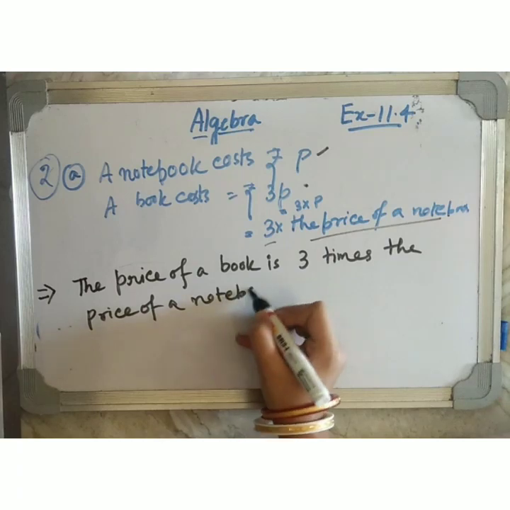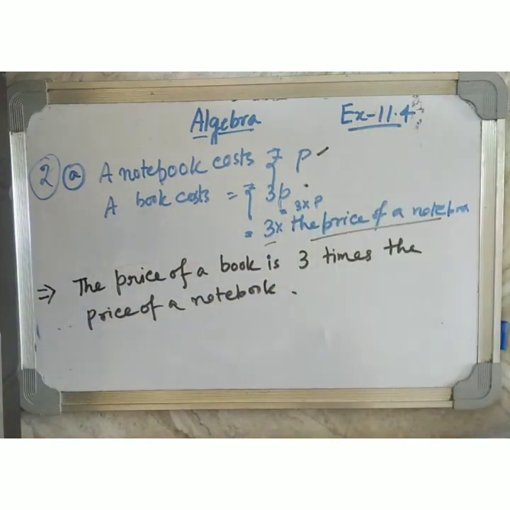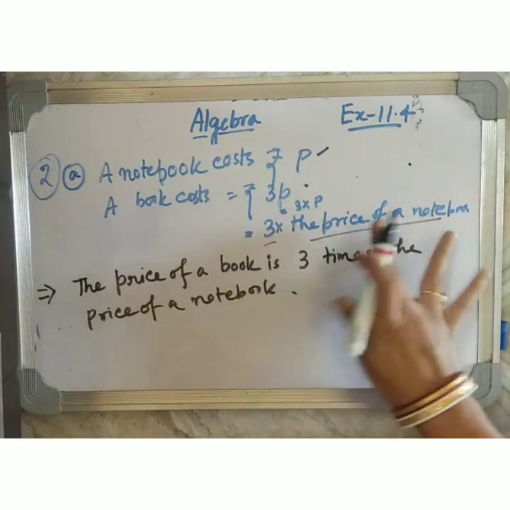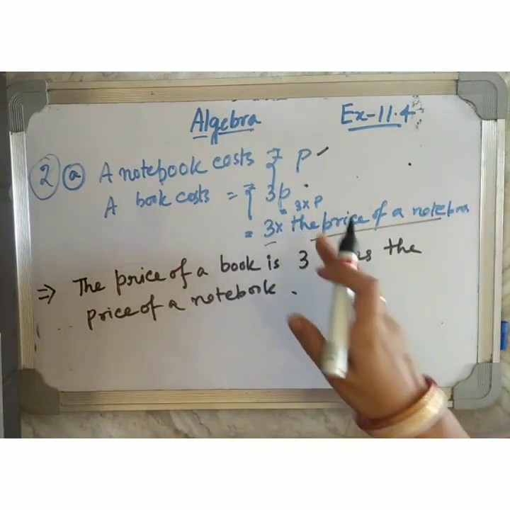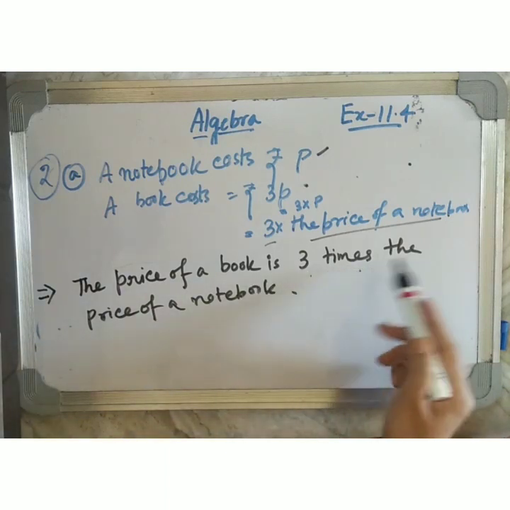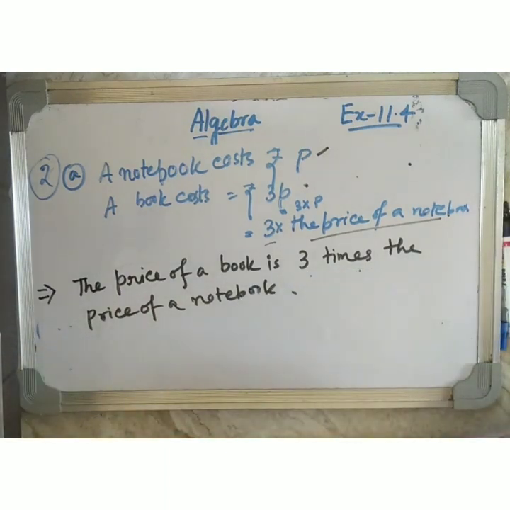Because 3p means 3 into p, that is 3 into the price of a notebook. In this way we can write. Let's come to the next sum.